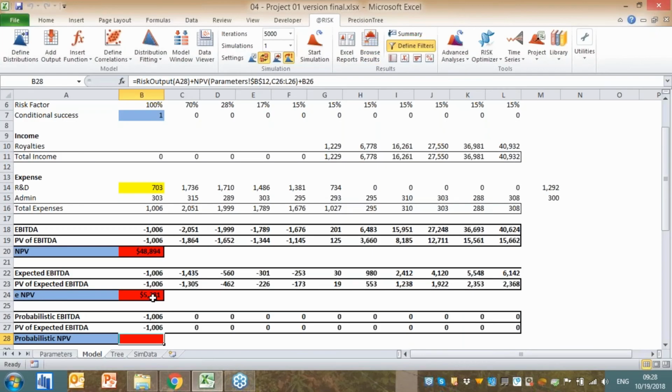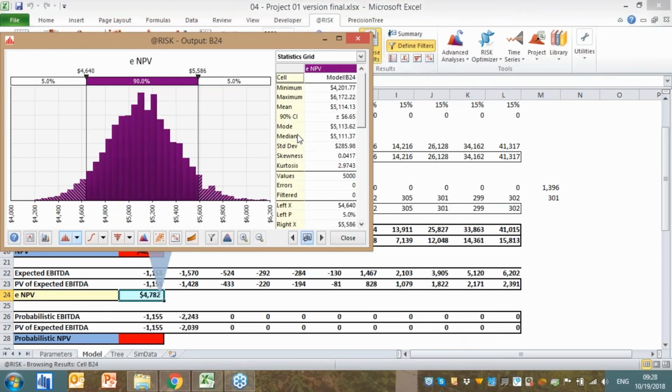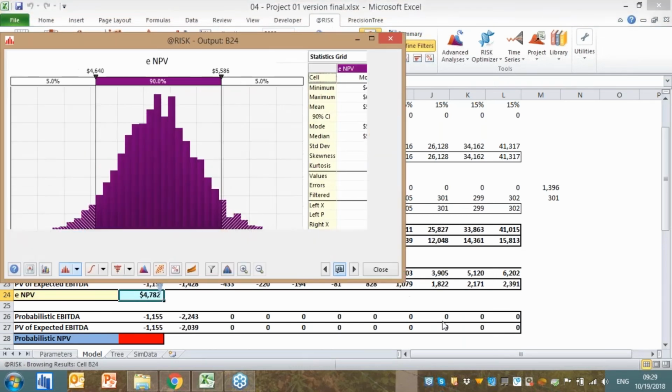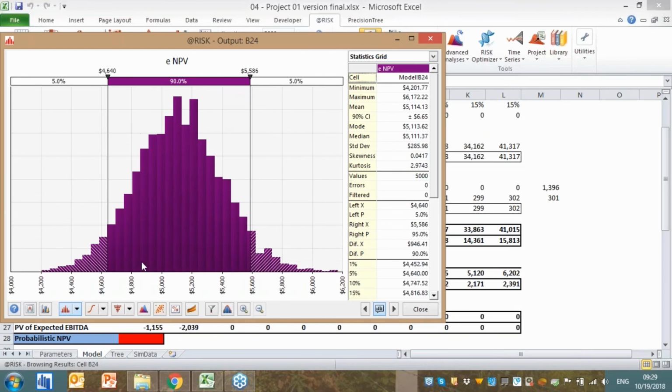For example, as you can see, expected NPV by itself, the previous deterministic one, could have been shown in here. There's not too much variation in expected NPV, and that is because all the variation stems out of R&D expenditures, admin expenditures, market penetration, variation rates, things of that nature.